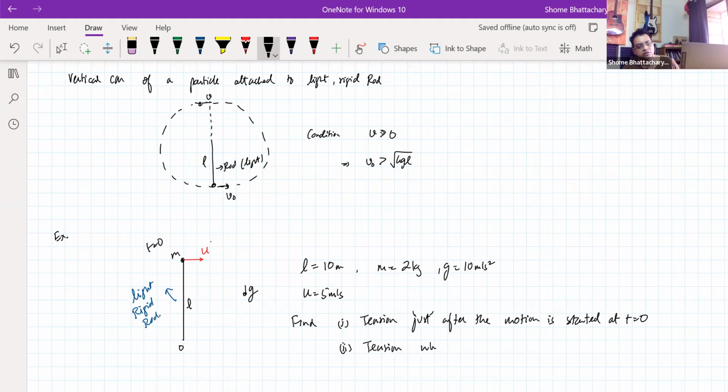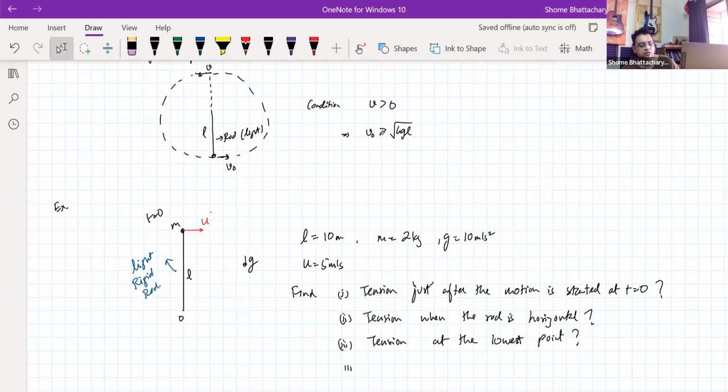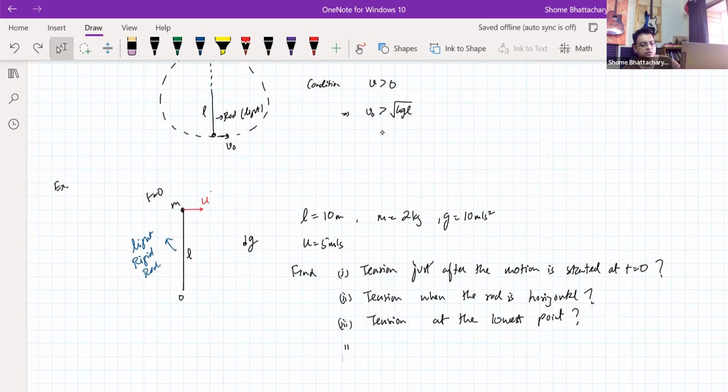Then the tension when the rod is horizontal, and the tension at the lowest point. Additionally, we also have to find the angular position of the rod at an instant when the tension is 0.